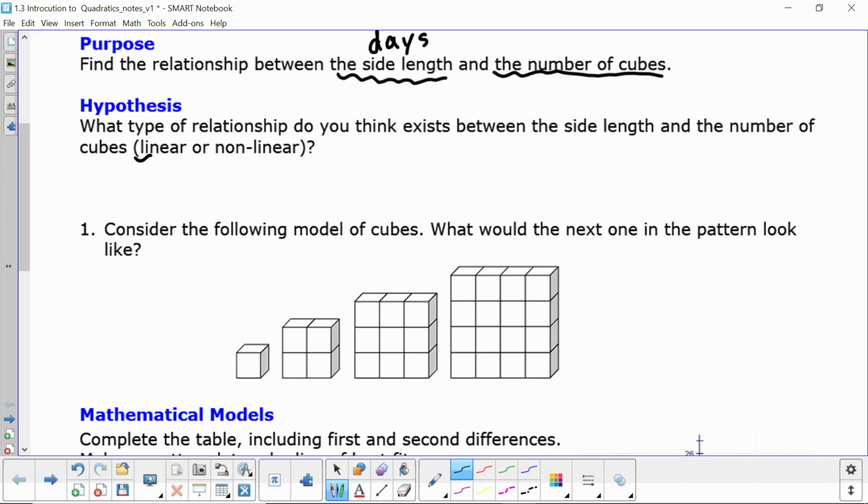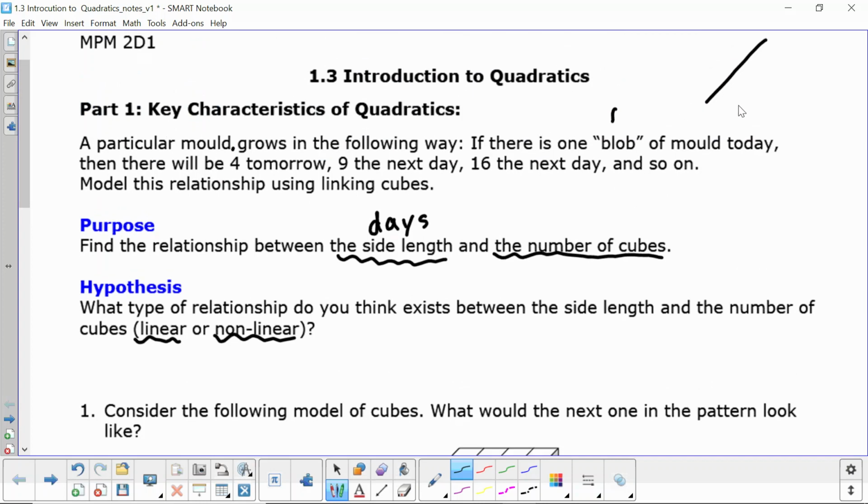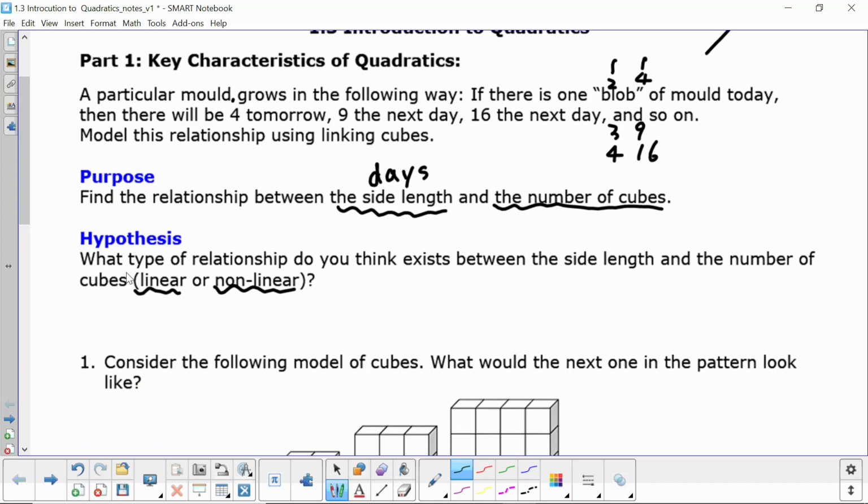Is it linear or non-linear? So it's going to be a straight line or it's going to be a curve. First day is 1, second day is 4, third day is 9, fourth day is 16. If we draw it, do you think it will be linear?